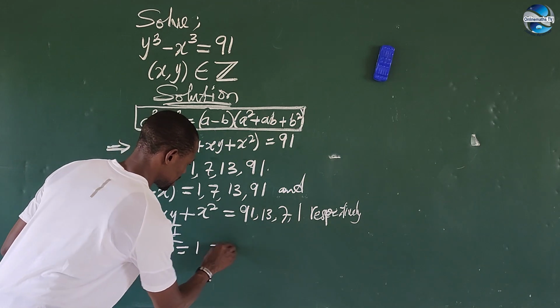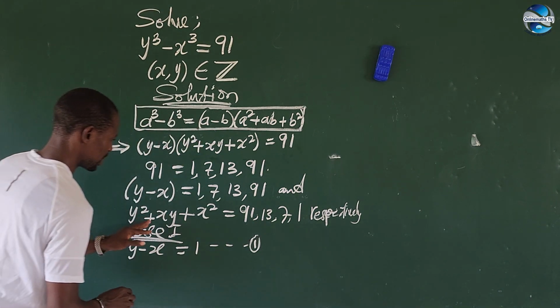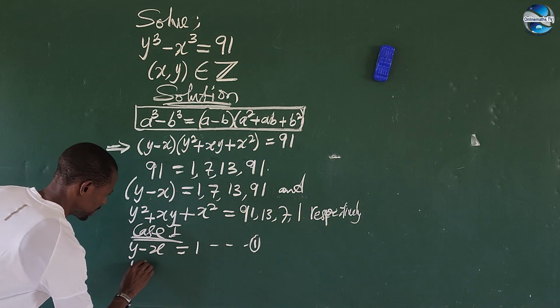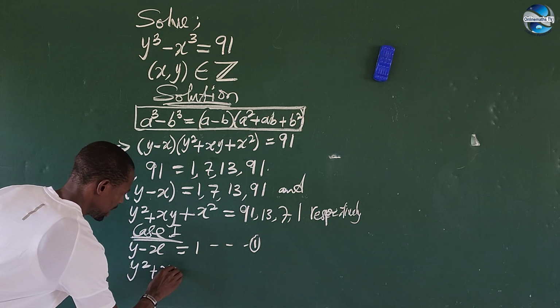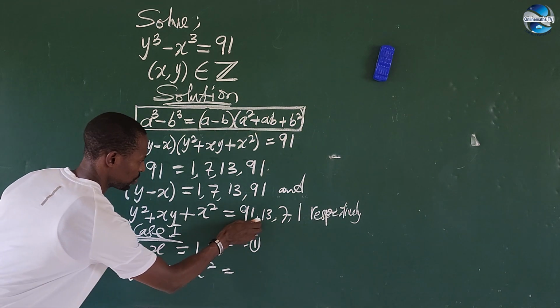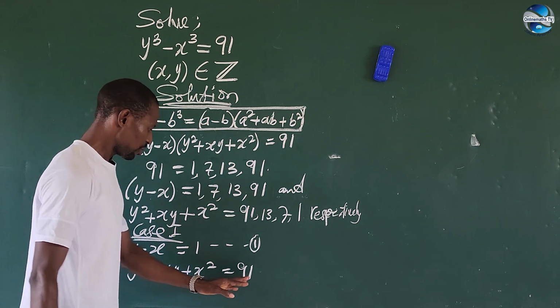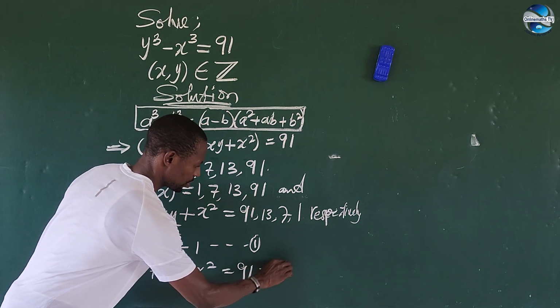Let's take this as equation 1. Then what is our equation 2? Our equation 2 will be y to the power of 2 plus xy plus x squared equal to 91. Okay.